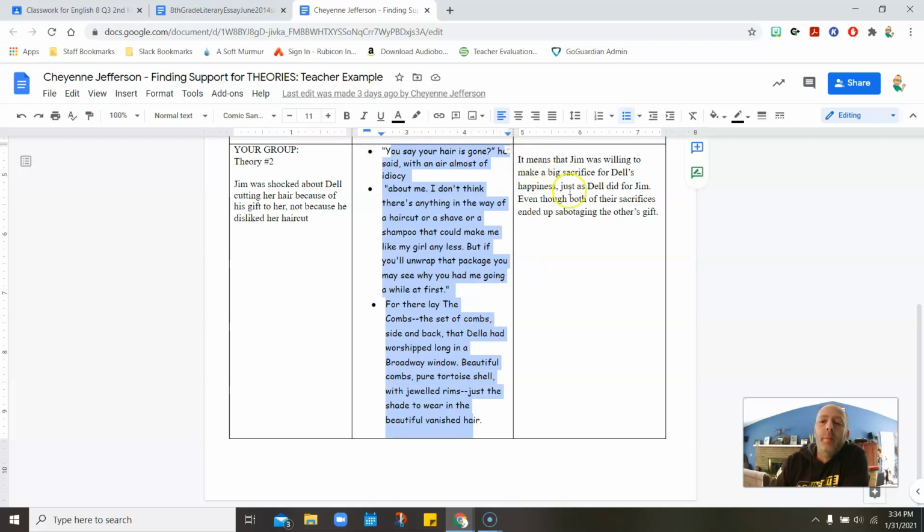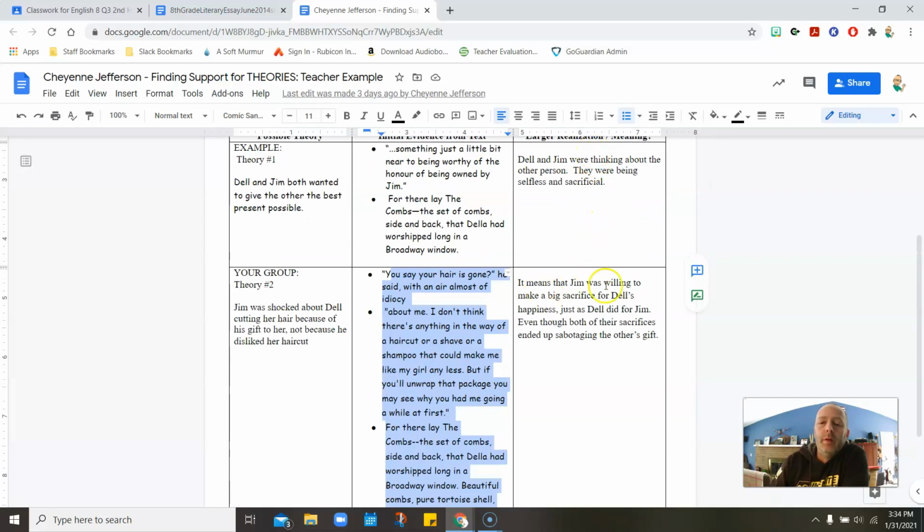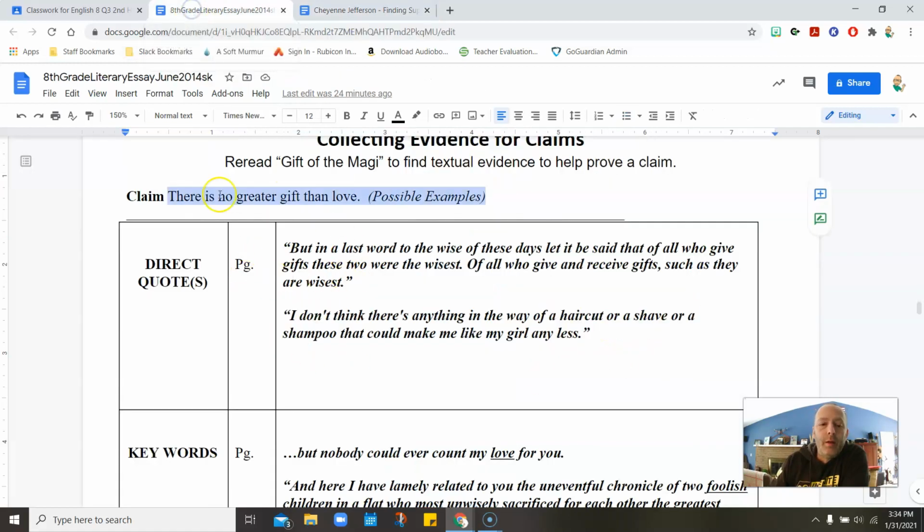And in the bigger world meaning, it means that Jim was willing to make a big sacrifice for Dell's happiness, just as Dell did for Jim, even though both of their sacrifices end up sabotaging the other's gift. So she's kind of thinking along the same lines as I am, as far as there's no greater gift than love. So her theme would have to kind of be based on her theory, her claim.